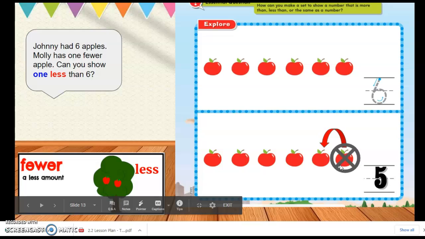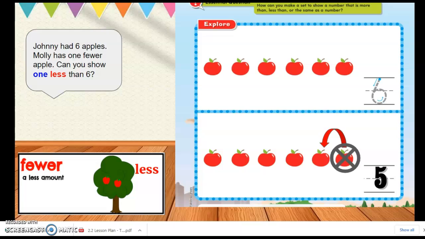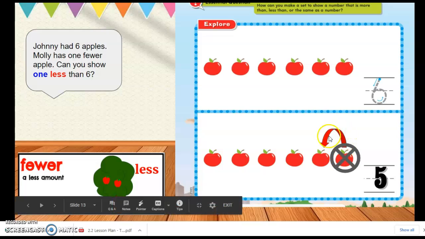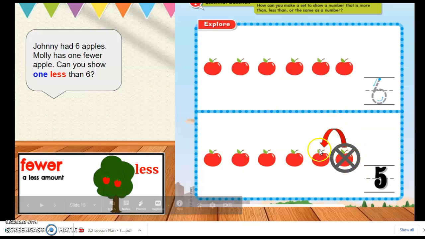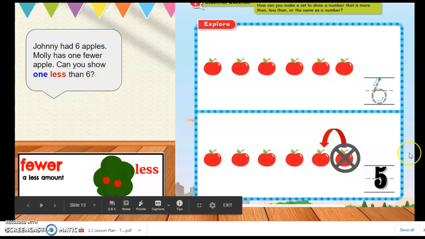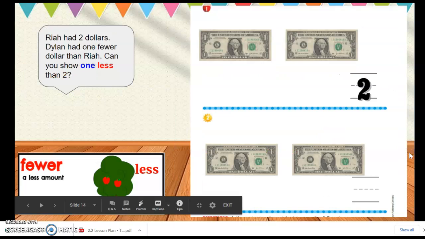And remember, 1 fewer and 1 less are the same. So we had to go back and rest and take away 1 less. So 5 is 1 less than 6. Can you say that? 5 is 1 less than 6. Good. All right, let's go to the next one.